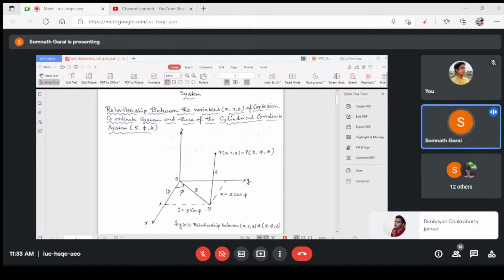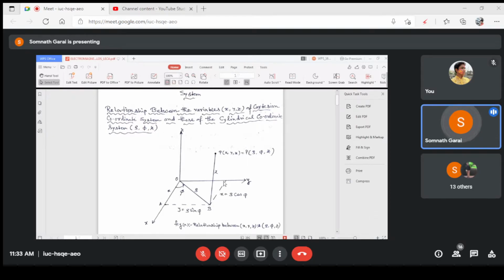Okay, now this is a Cartesian coordinate axis: this is the x axis, this is the y axis and this is the z axis, right?